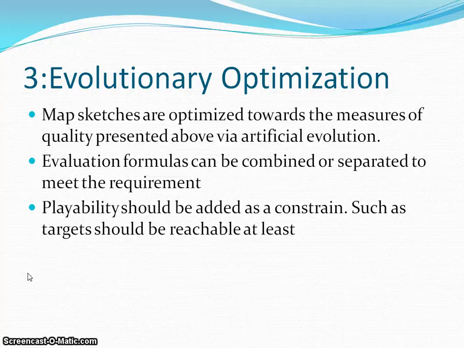We don't want to dig into this, but we need to know evaluation formulas can be combined or separated to meet the specific requirement, and playability should be added as a constraint, such as targets should be reachable at least.